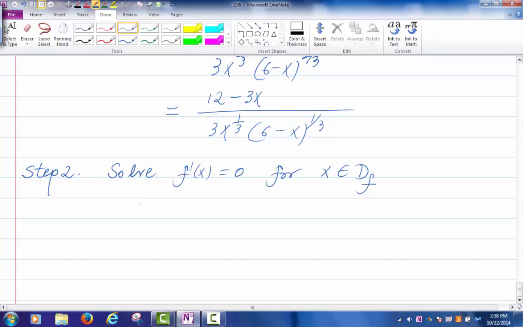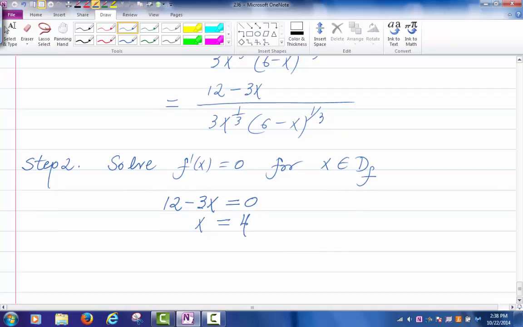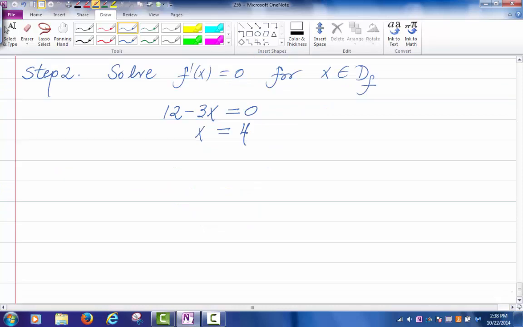So if the derivative is 0, then the numerator of the derivative would have to be 0. That would mean that the numerator is 0, and that implies x is what? x is 4. Okay, so is 4 in the domain? Yeah, remember the domain is everything.